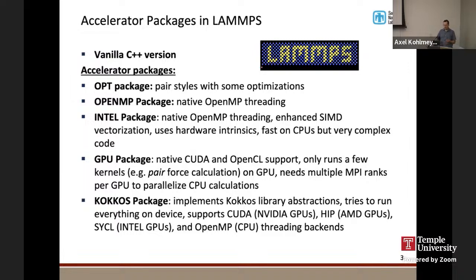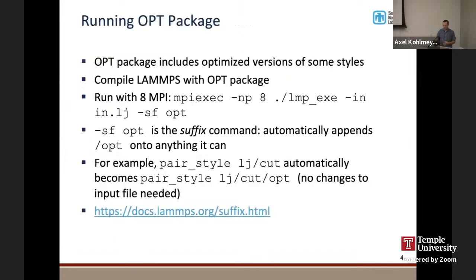In contrast, the KOKKOS package tries to run everything on the GPU using the Kokkos performance portability library. It supports NVIDIA, AMD, and Intel GPUs using different backends, as well as multi-threading with OpenMP. I'm going to talk a little bit more about each of these in detail.